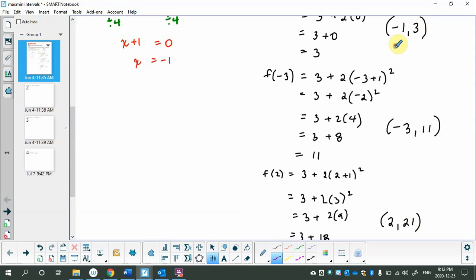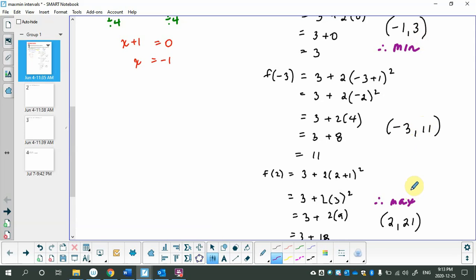So this will be the minimum, and this will be the maximum. And we are done the question. This will be an absolute minimum or an absolute, a local minimum or a local maximum. So yes, something happens there, but it's not as important as this one or this one.